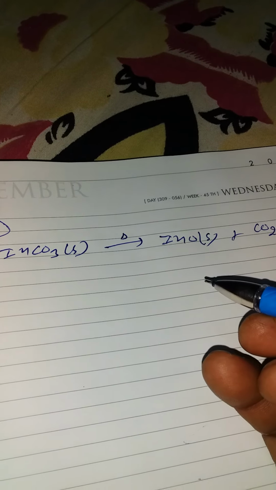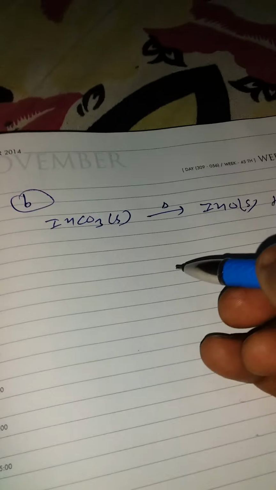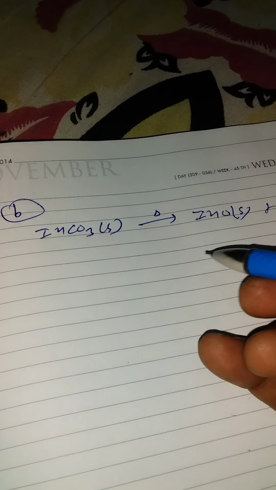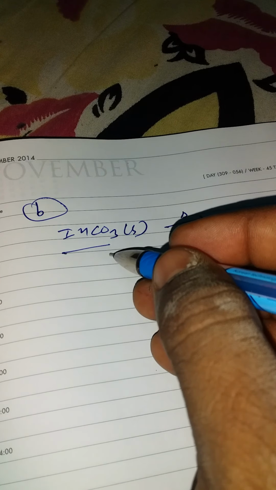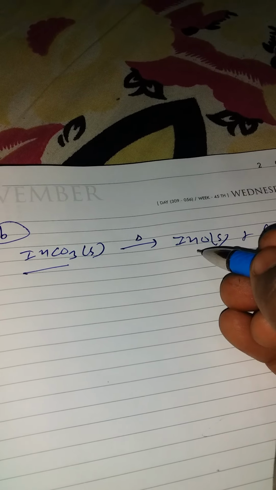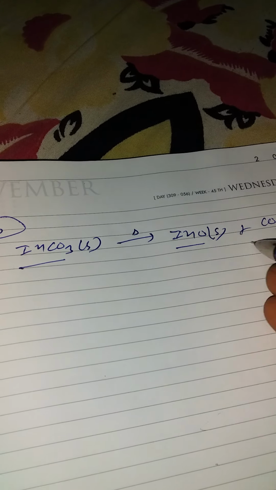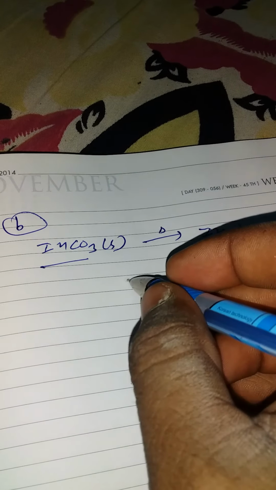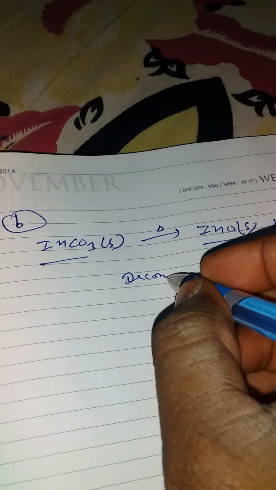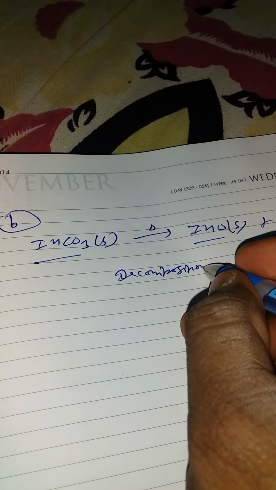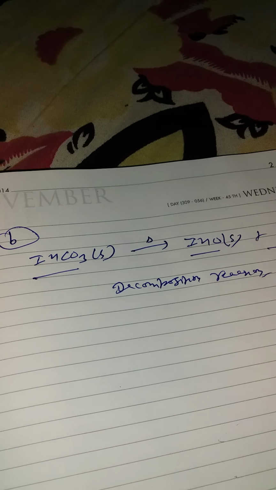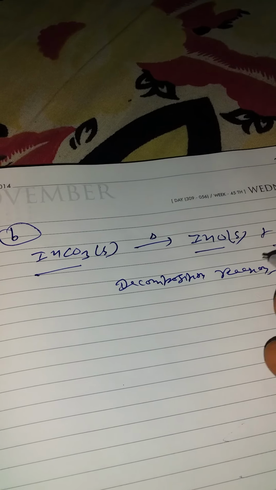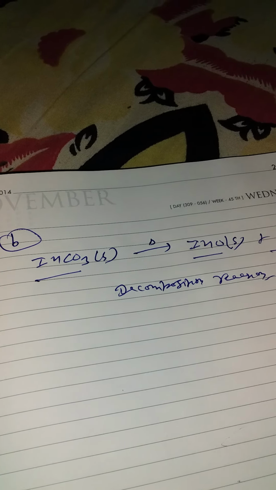It is already a balanced chemical equation, so we have to identify the type of chemical reaction. So here we see that one reactant breaks up into more than one product, so it is a decomposition reaction, in the form of thermal decomposition, because this reaction is carried out in the presence of heat.